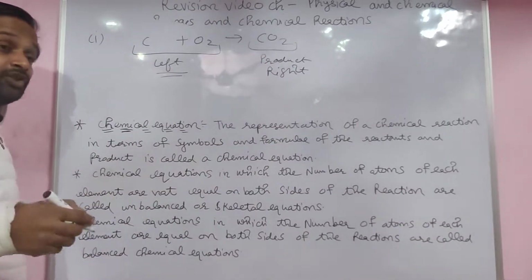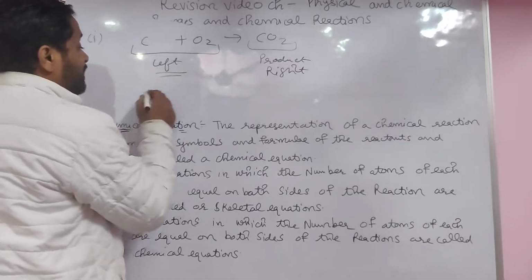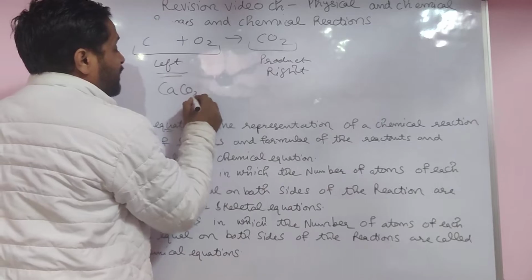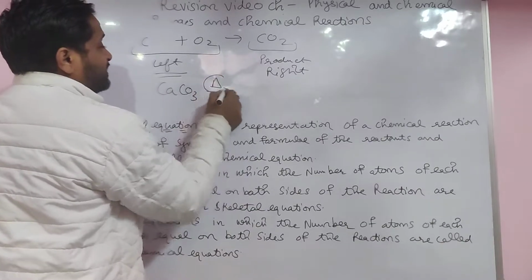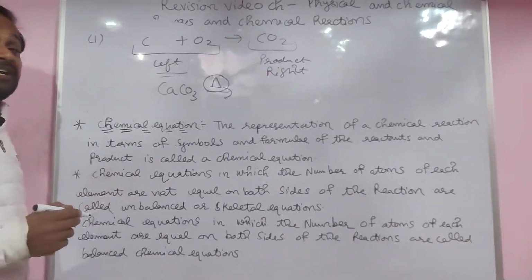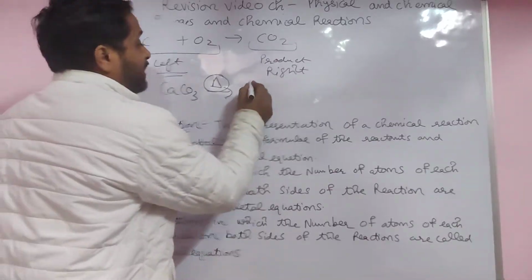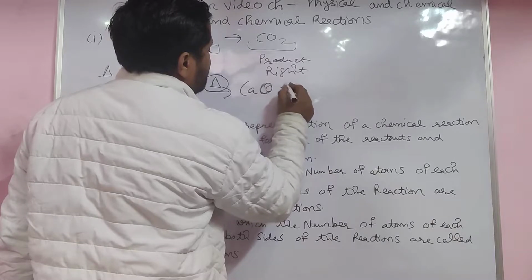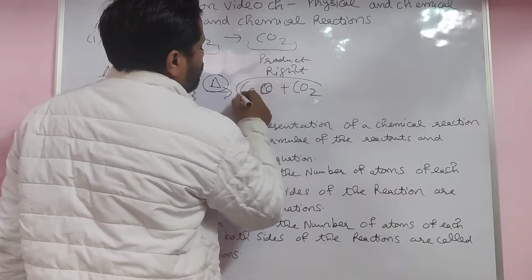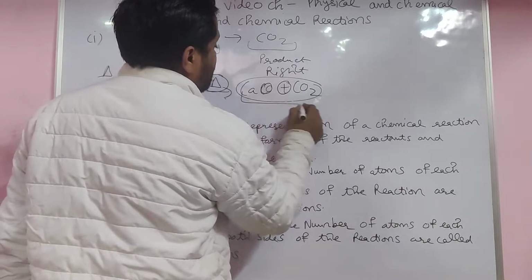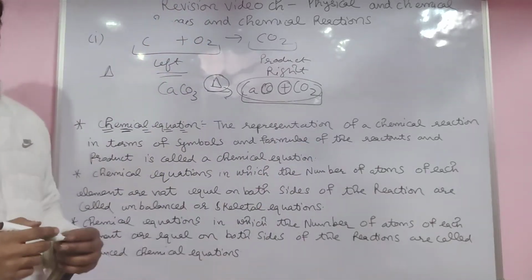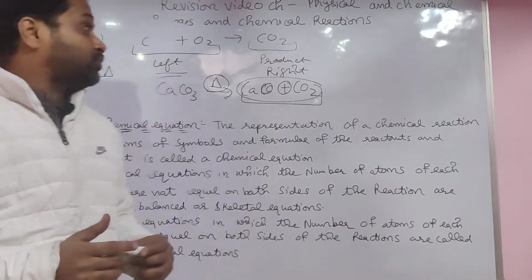If a reaction forms two products, like when calcium carbonate breaks down, the triangle is the representation of heat. It gives calcium oxide plus CO2. The plus sign is there between the products, always on the right side.